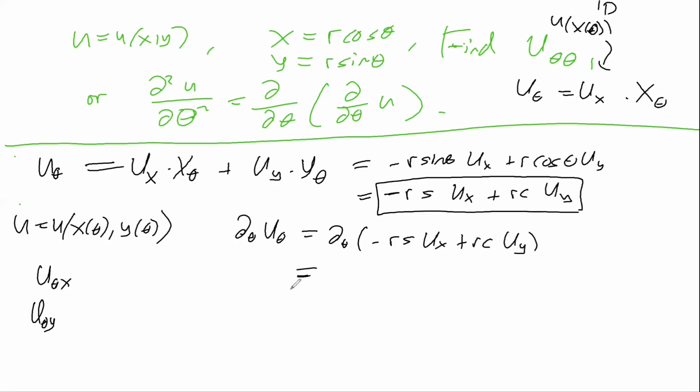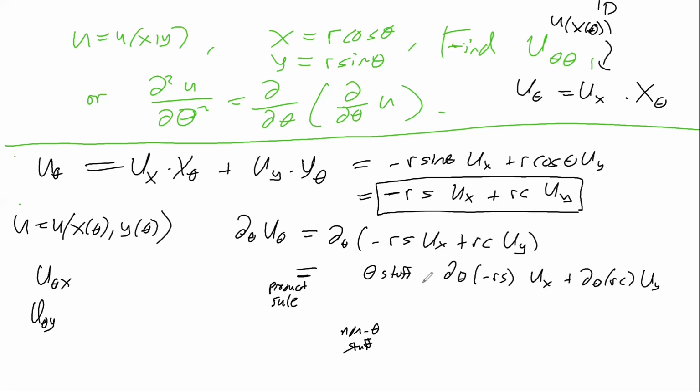There's going to be 2 terms from the product rule. So that first term, let me just split it into theta stuff and non-theta stuff. So first we have the theta stuff. You differentiate all the theta things. So you have partial theta of minus s, then you have the theta derivative of rc uy.